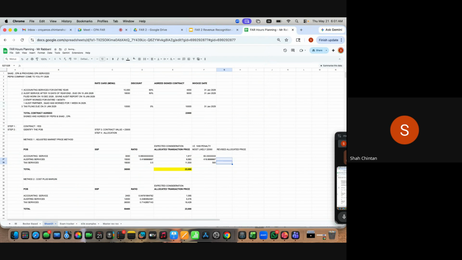So it depends how you want to allocate variable consideration; it is a professional judgment. It can be one POB, it can be multiple performance obligations, it can be two performance obligations, depending how a variable consideration will impact your delivery of services.